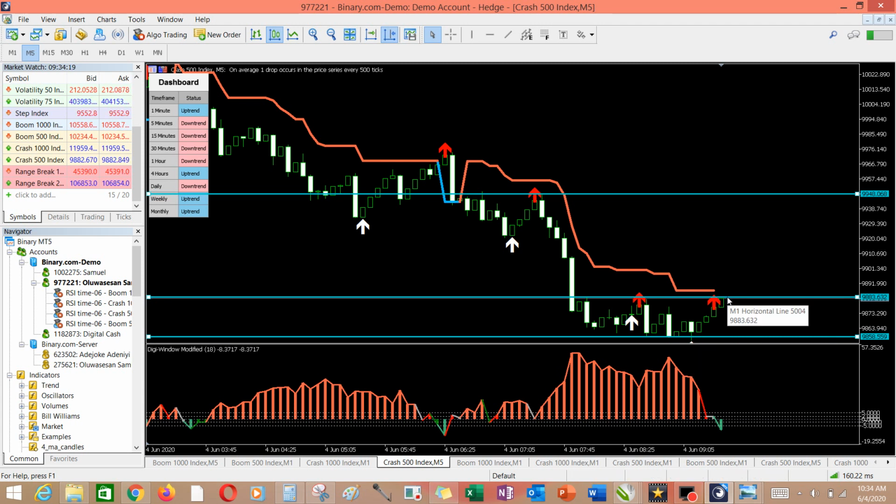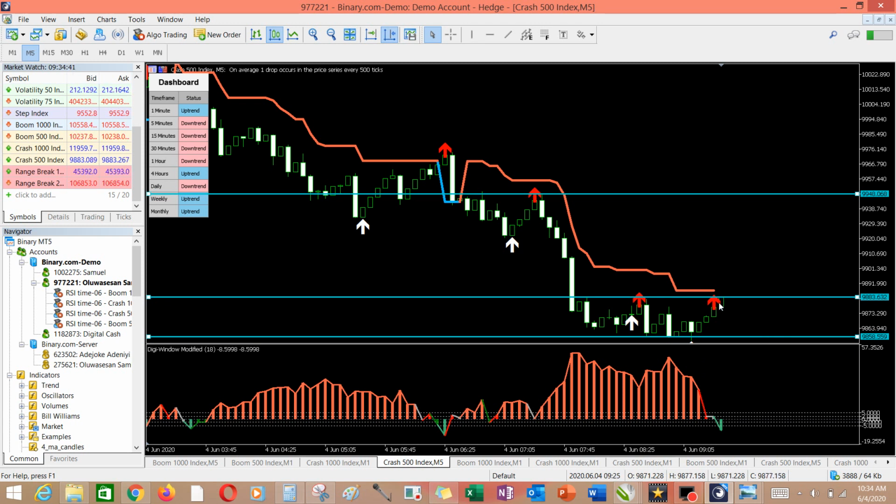Right now it is approaching the next resistance level. You can see the red arrow popping out. So the resistance level where it has been testing and retesting, it is approaching there again. It is most likely it crashed again. So if you are buying again, you will have gotten 5 minutes, 10 minutes, 15 minutes, 20 minutes candle.